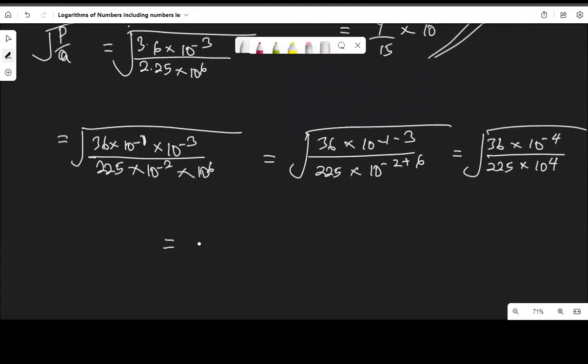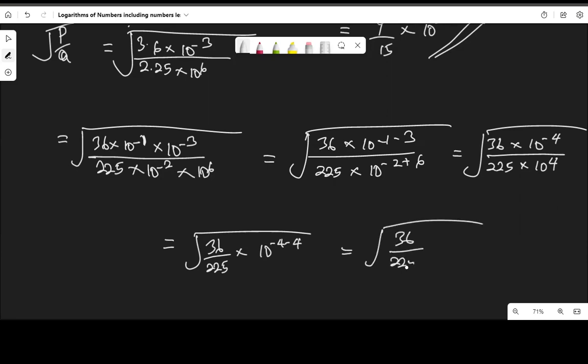And this will be square root of 36 over 225 times 10 to the power of minus 4 minus 4. This 4 here goes off, which is square root of 36 over 225 times 10 to the power of minus 8. Square root of 36 is 6. Square root of 225 is 15 times 10 to the power of minus 4.